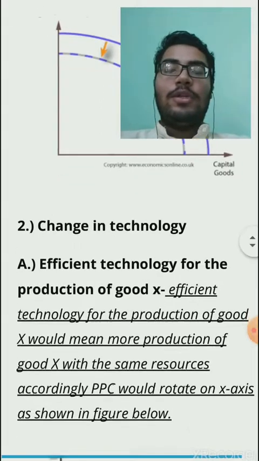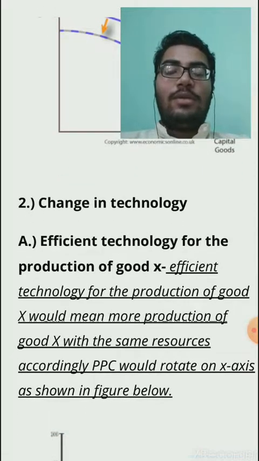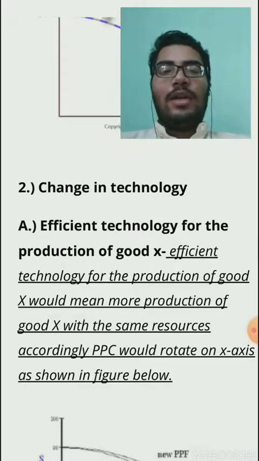Now we will proceed to the second assumption, that is a constant level of technology. There are possibilities in an economy that the technological level may increase or may reduce. Okay, so what will be the implication on the production possibility curve if there is a change in the level of technology?